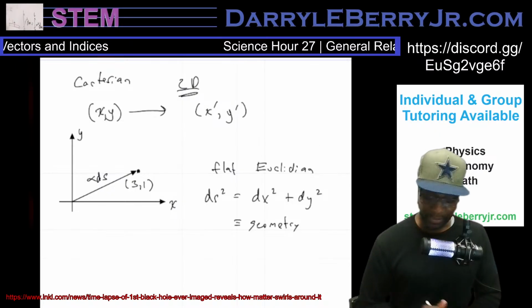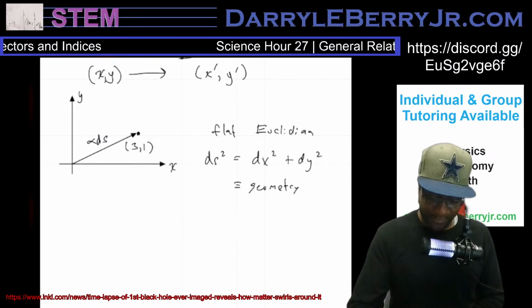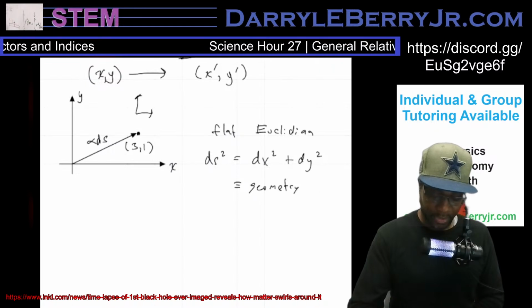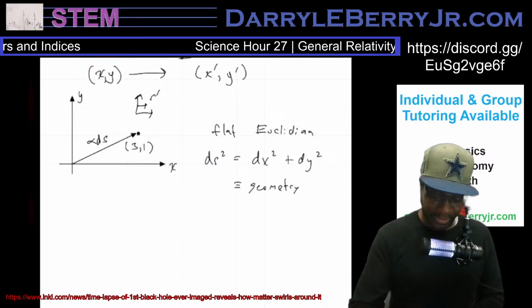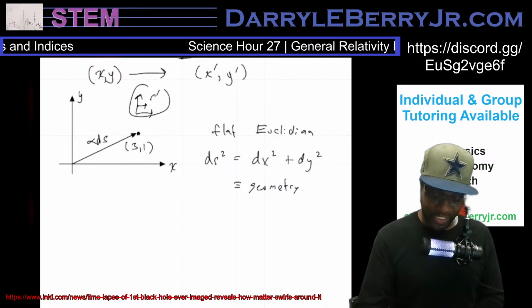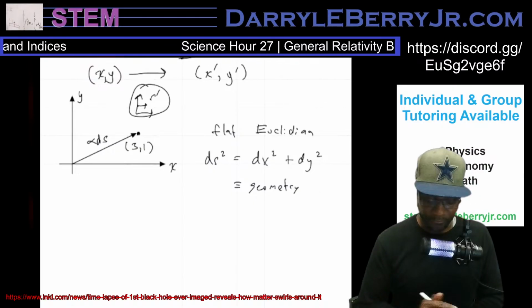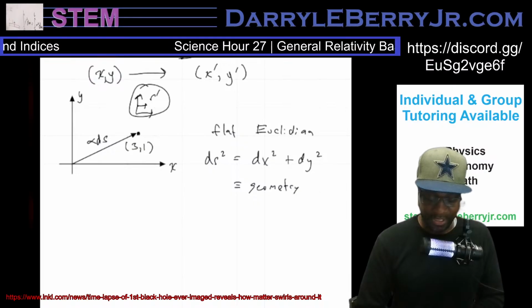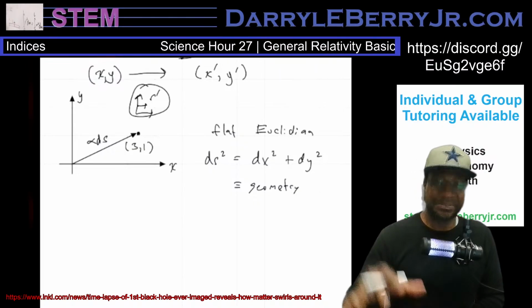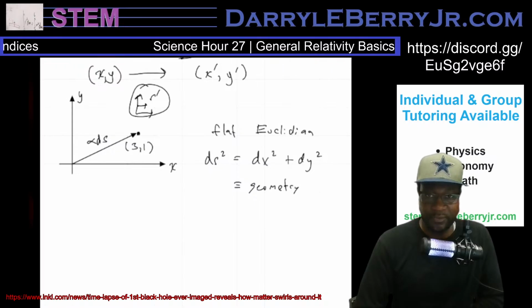Which, when we're dealing with relativity, if you recall, we might have a different frame that's moving. We might call this the S prime frame, moving at a certain velocity. Even though it's moving, the distance of this thing is going to be the same, might adjust for relativity, but it won't change because the coordinate system is different.